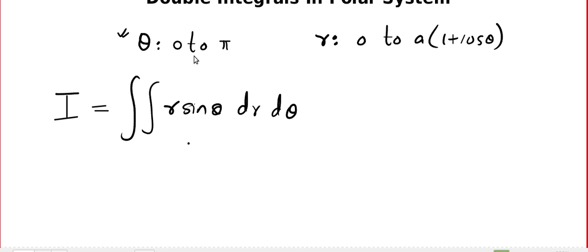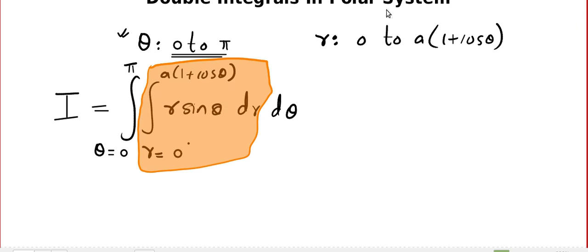In polar integrals, since in most of the problems angle will be in numbers, constants, we tend to write theta here. And R will come as the inner integral 0 to a into 1 plus cos theta. So this makes sense, dr d theta. And for your advantage, our old method.